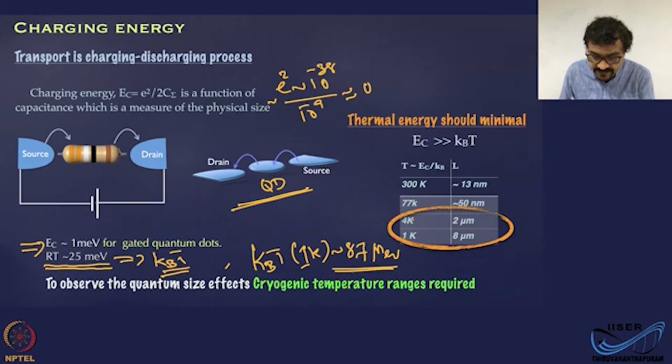Okay. So in a nutshell, to observe these quantum size effects in transport, one essentially needs cryogenic temperatures. That is because below 50 nanometers, even 50 nanometers itself is challenging, you cannot really attach leads to run currents or apply voltages to these devices.